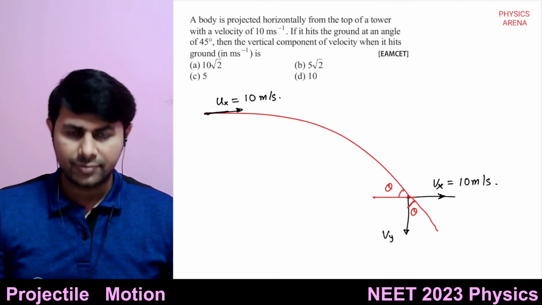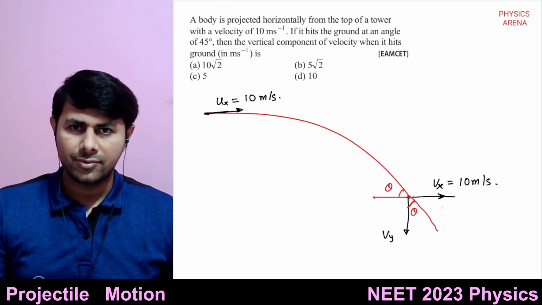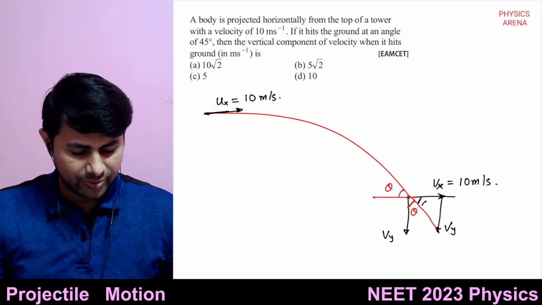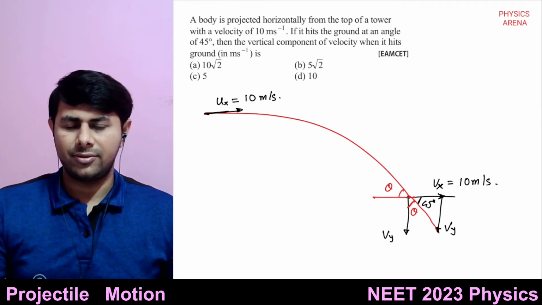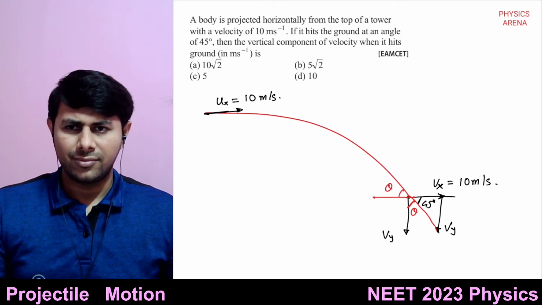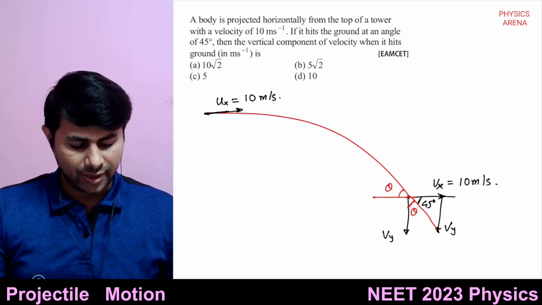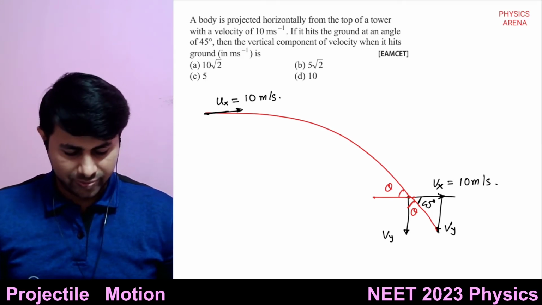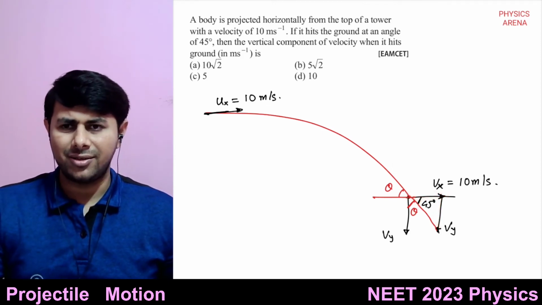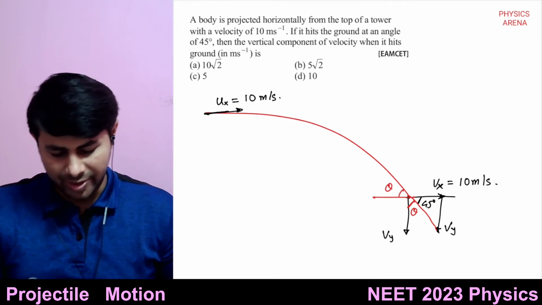In this triangle, this is Vy, and this is 45. Tan 45 is equal. If you have 45 degrees, then these two sides of the triangle are equal, right? Yes, sir. 10 meters per second is the answer.